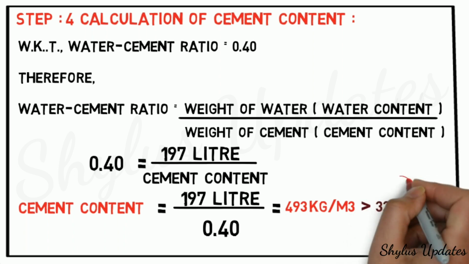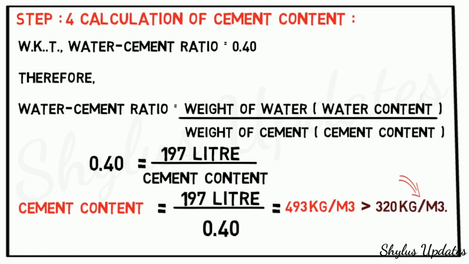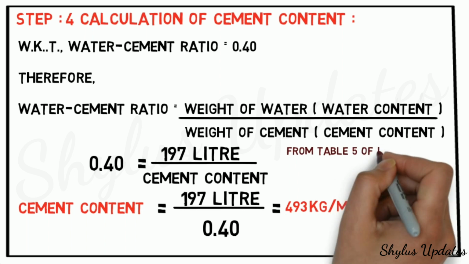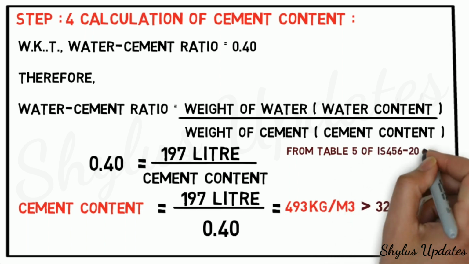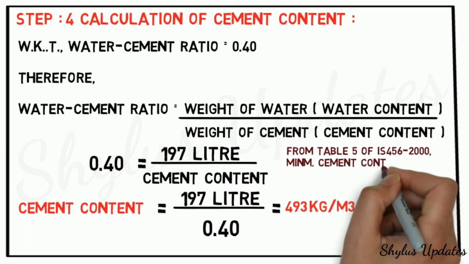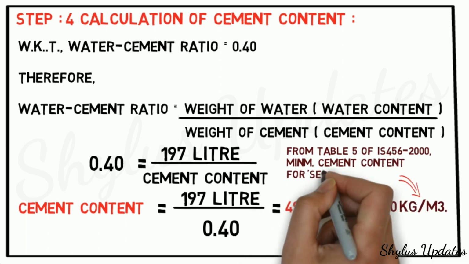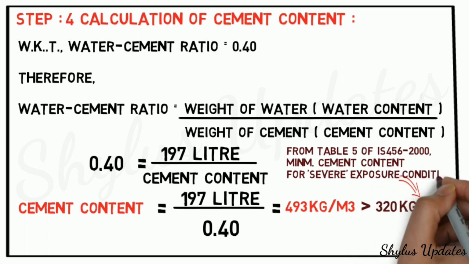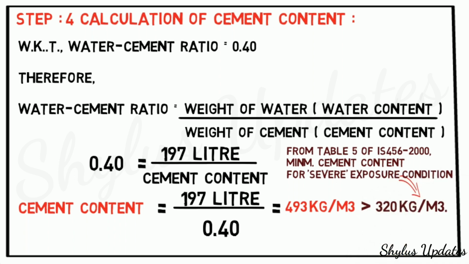How did this value 320 kilogram per meter cube come here? You can refer to this value in Table 5 of IS 456-2000. In that they have given the minimum cement content for severe exposure condition as 320 kilogram per meter cube. Now this calculation is okay.